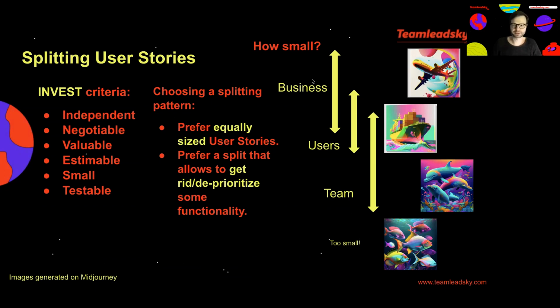If we are talking about Jira epics, then probably this is a good scale of user stories to discuss with the business stakeholders. So Jira epics or above, or bigger than that. Jira epics and tasks inside of these epics, this is a good scale to discuss user stories with the stakeholders and users.